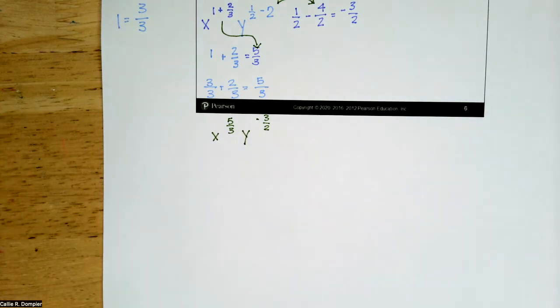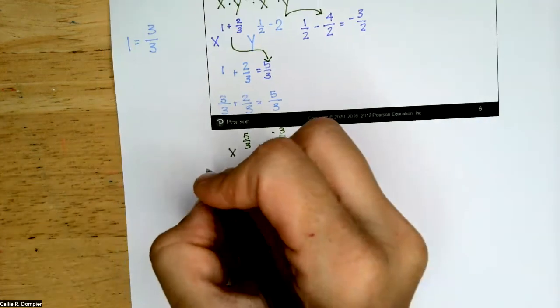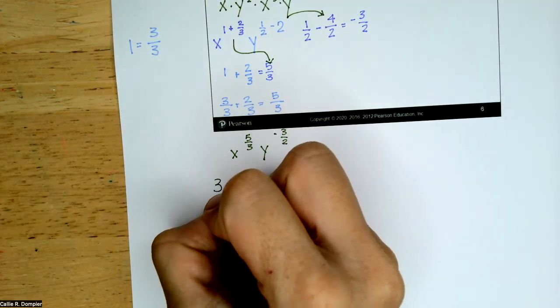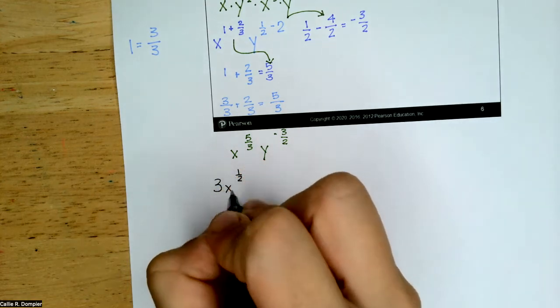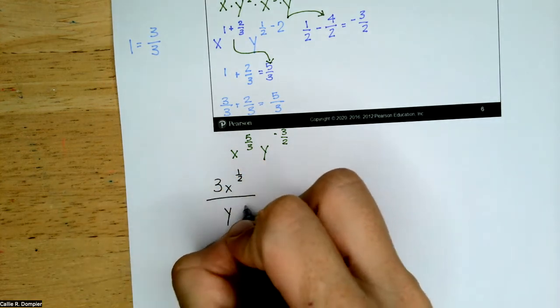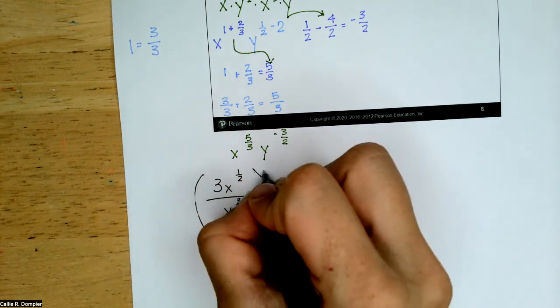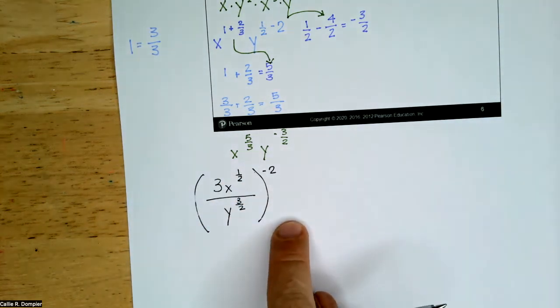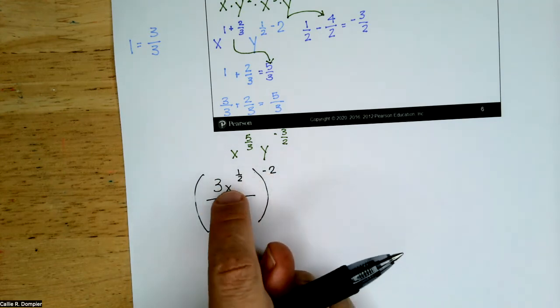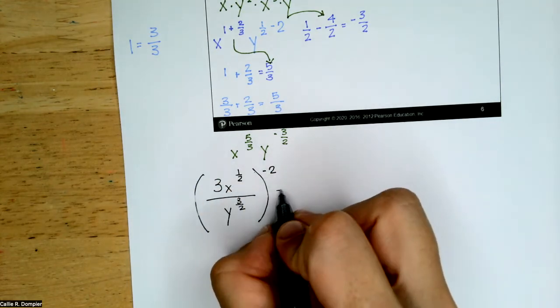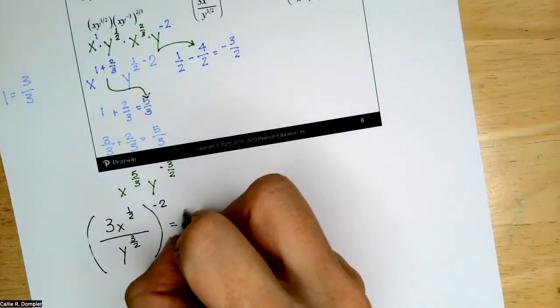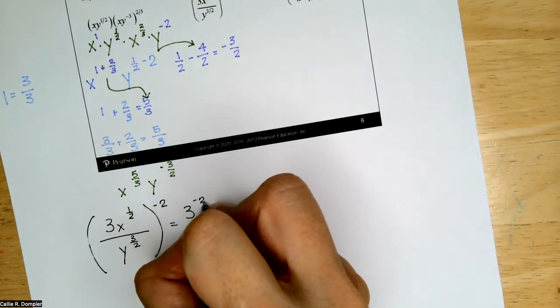Good. Our next one was 3x to the power of 1/2 over y to the power of 3/2, all raised to the -2. So I'm going to take that -2 exponent, give it to the 3, give it to the x, and give it to the y. So that becomes 3 to the power of -2.